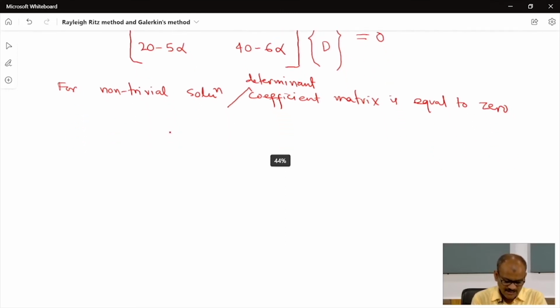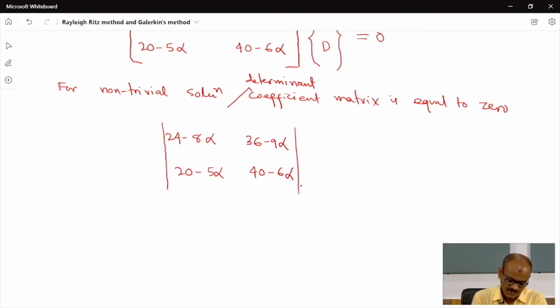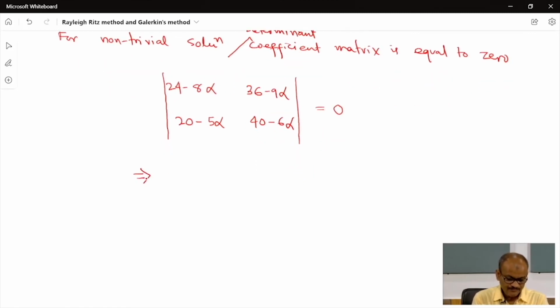So, you can write 24 minus 8 alpha, 36 minus 9 alpha, 20 minus 5 alpha, 40 minus 6 alpha; if you take the determinant, this equals 0. This implies that the characteristic equation becomes 3 alpha square minus 104 alpha plus 240 is equal to 0.